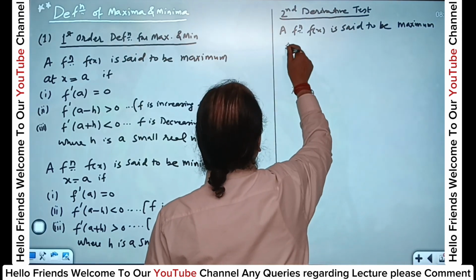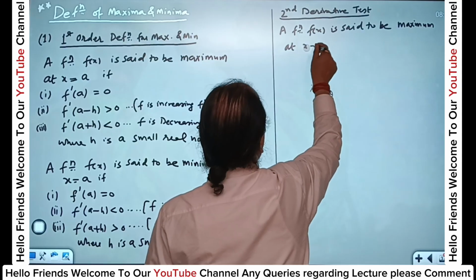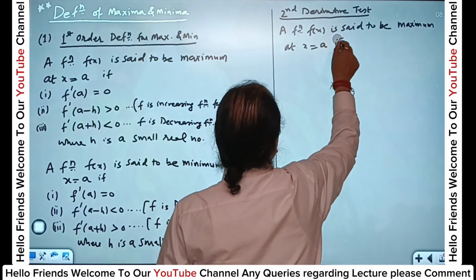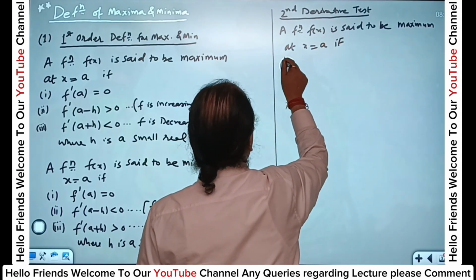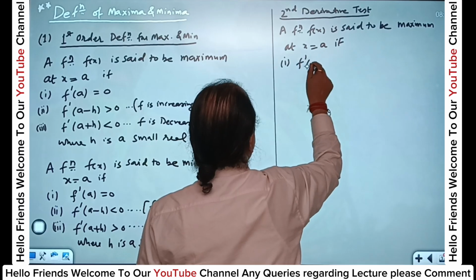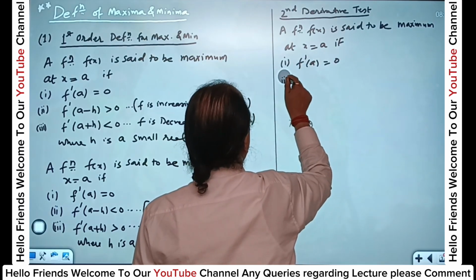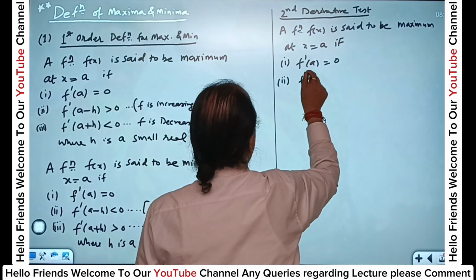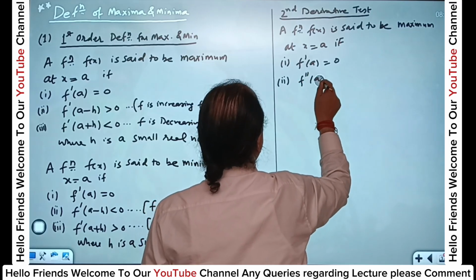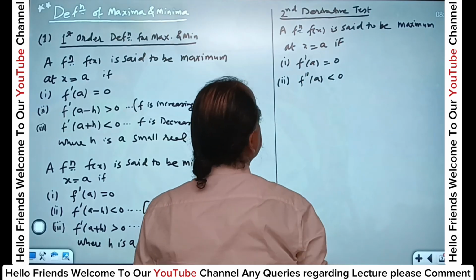Maximum at x is equal to a if number one, first derivative at a is 0. Number two, second derivative at a is less than 0.